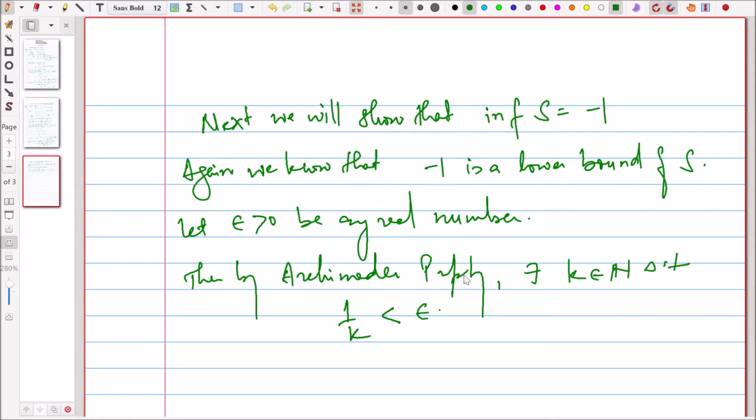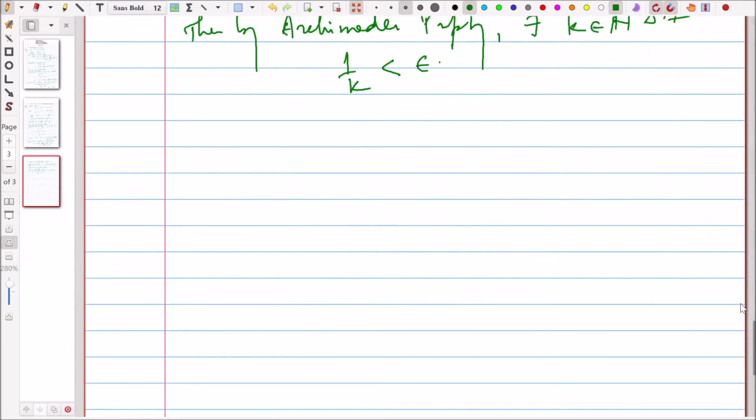Now we have to show that minus 1 plus epsilon is not a lower bound of S. So this implies minus 1 plus 1 by k. We are adding something, so the inequality will not reverse. So minus 1 plus 1 by k is less than minus 1 plus epsilon.